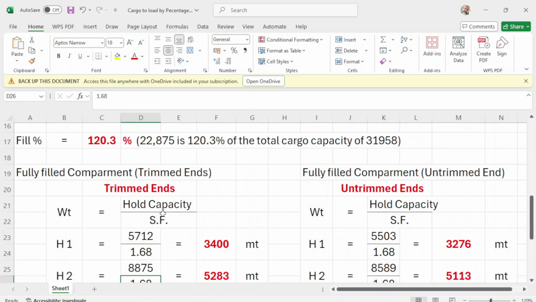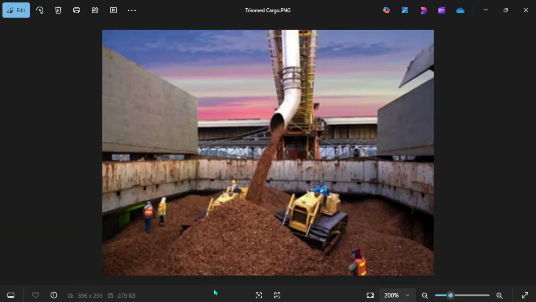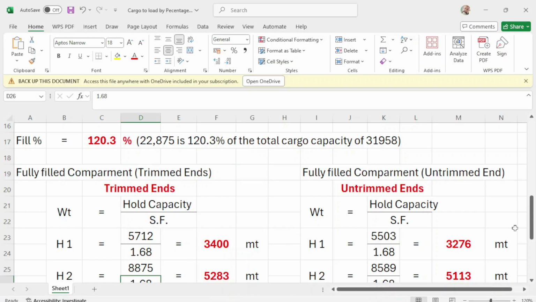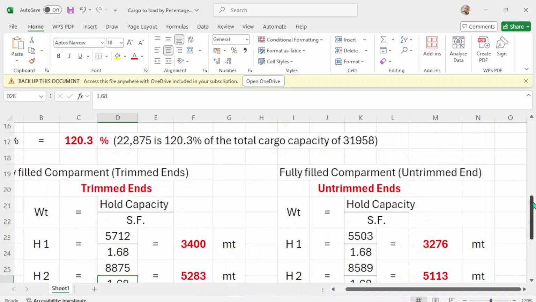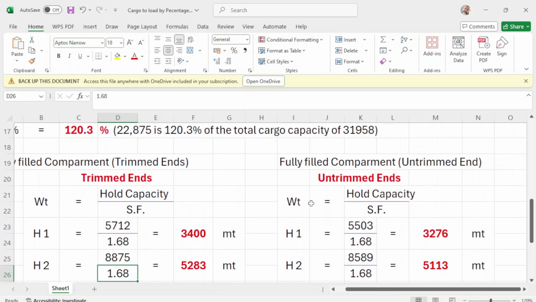That is for trim ends. When you say trim ends, you trim the vessel this way, put all the cargoes on the empty space. Okay, continue. And this will be the untrimmed ends.